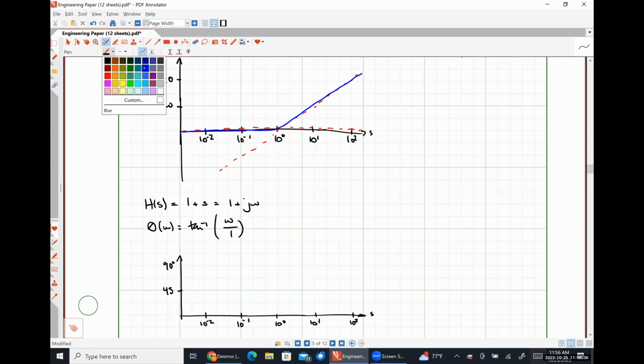We are going to have a phase angle of 0 until we get to about 1/10 of whatever our 0 frequency is. At 10 times our 0 frequency, we should see that we have shifted up to 90 degrees, and we just connect the dots. This is our approximation of the phase response for a simple 0.